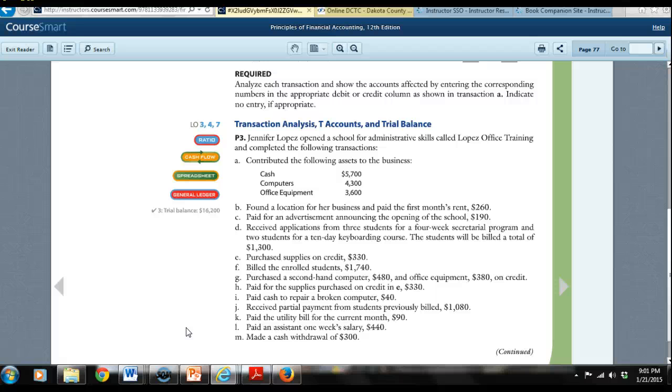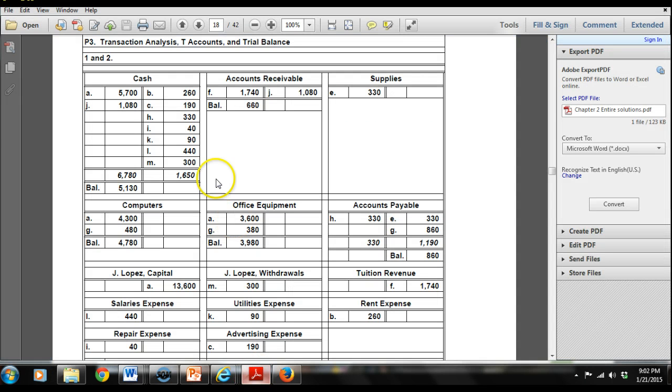So if previously we credited that accounts payable for $330, what are we going to do to reduce that accounts payable? We'll debit that accounts payable for $330 and we'll credit our cash, H, for $330. Does that make sense? We don't owe it anymore. So we want to make sure we zero out that payable.